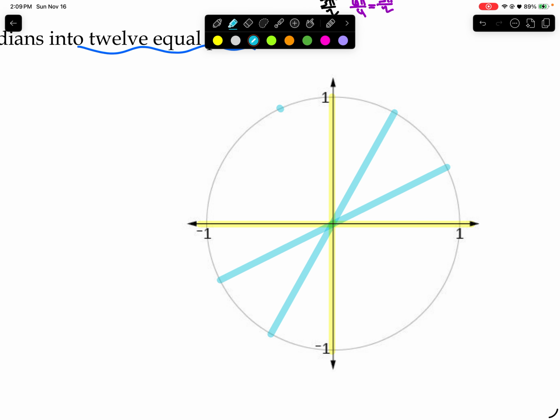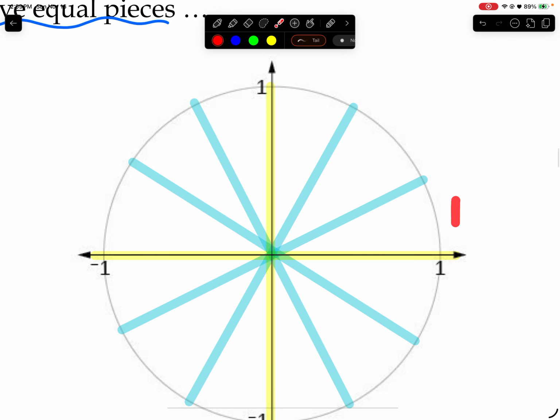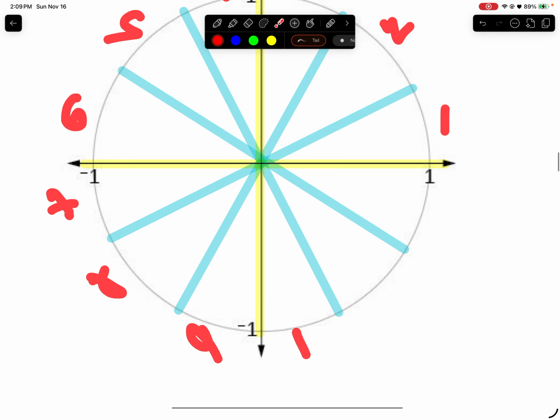So each of these is going to have 2 of these blue lines. I'm going to try to do it symmetric, but it's probably not going to be symmetric. This one needs to go over a bit. Close enough. Okay, so now I'm going to divide this into the 12 equal parts. So we have 1, 2, 3, 4, 5, 6, 7, 8, 9, 10, 11, and 12.